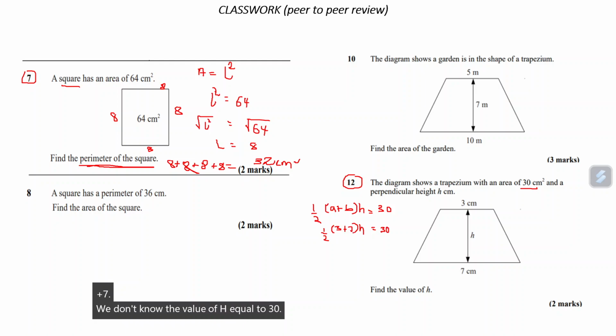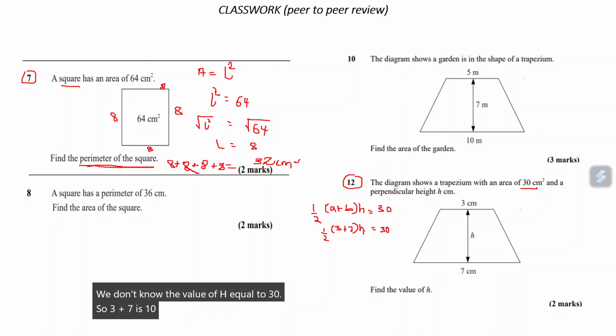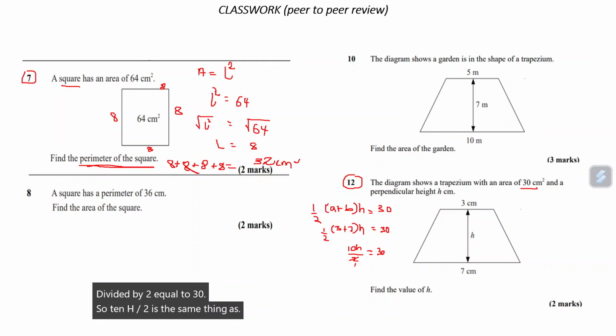So 3 plus 7 is 10, times h, times 1, so that's 10h divided by 2, equal to 30. 10h divided by 2 is the same thing as 5h, since 2 in 10 is 5. So we have 5h equal to 30.